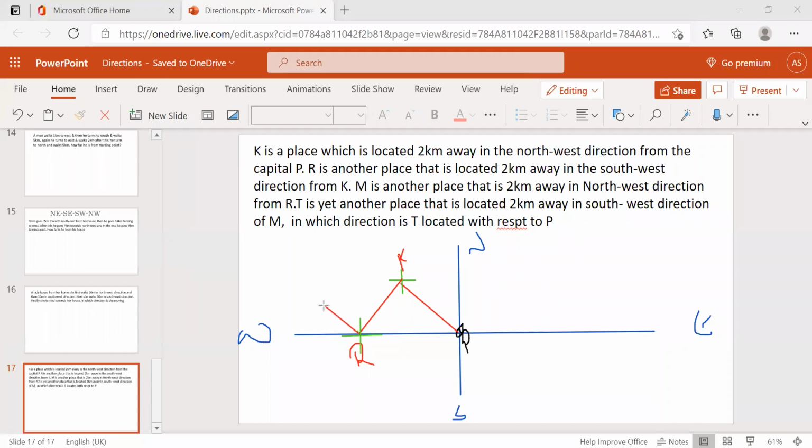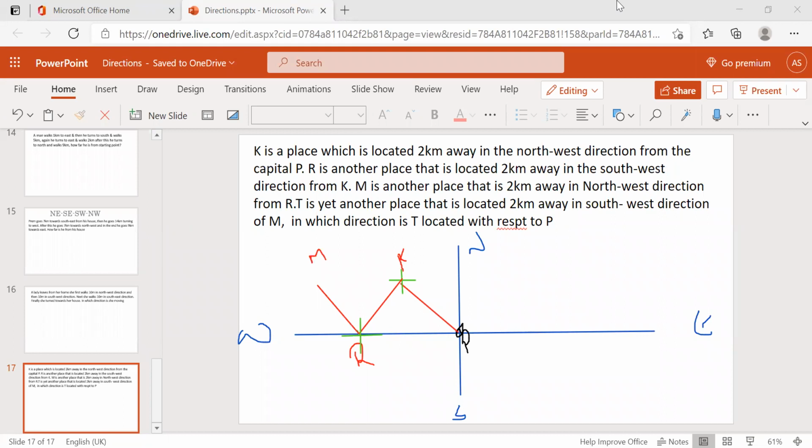So M is located northwest after 2 kilometers, right? And this one is nothing but M.